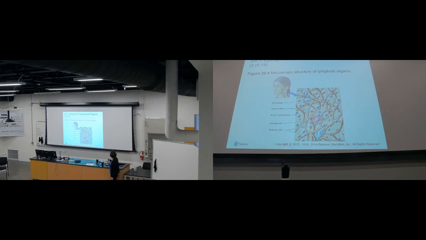So if you take a sample of one lymph node, this is how the reticular tissue looks. These are the collagen fibers and elastic fibers, randomly oriented, and they form a net to trap these dendritic cells, these reticular cells, macrophages, and lymphocytes.